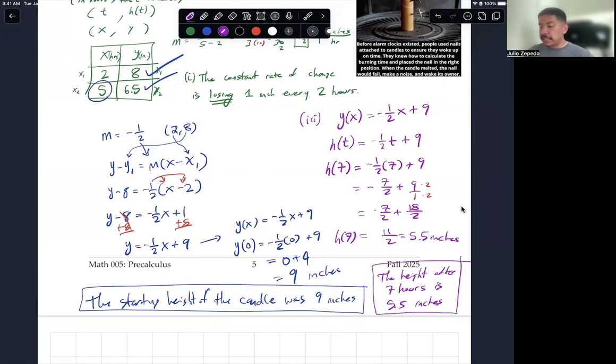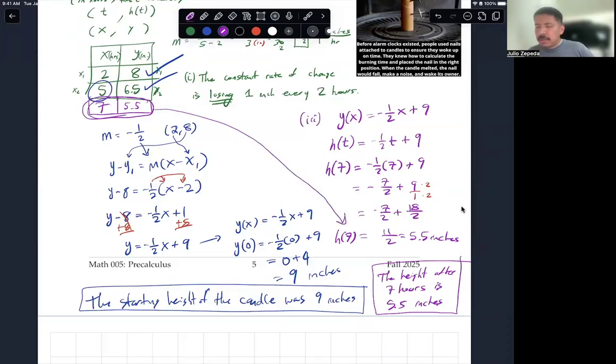And hey, actually, we could have just seen it here. After 7 hours, we said in 2 hours it drops an inch, 5.5. So there's multiple ways to figure this out. But I wouldn't want to accept this by itself as the answer.